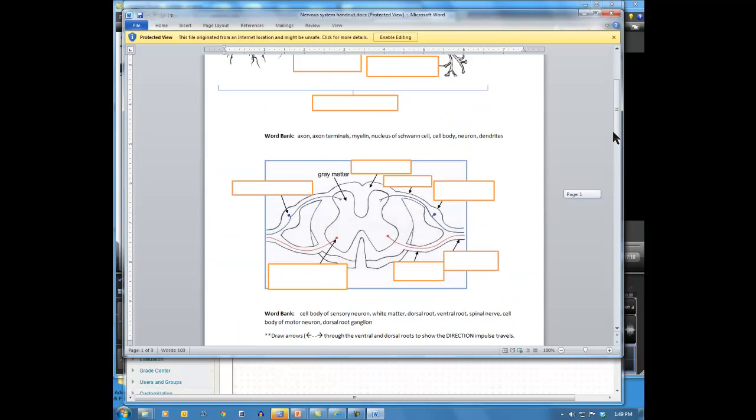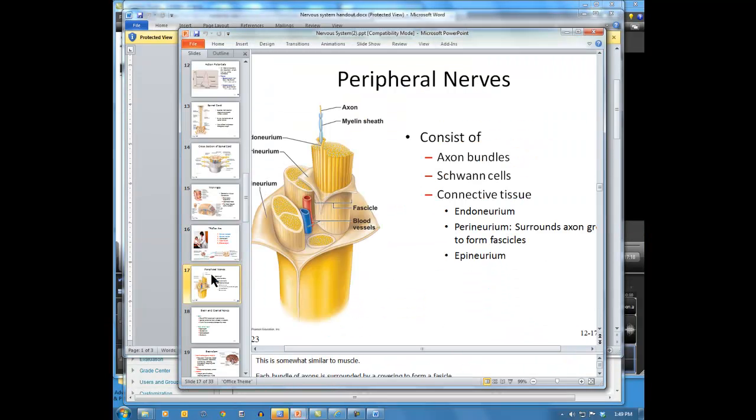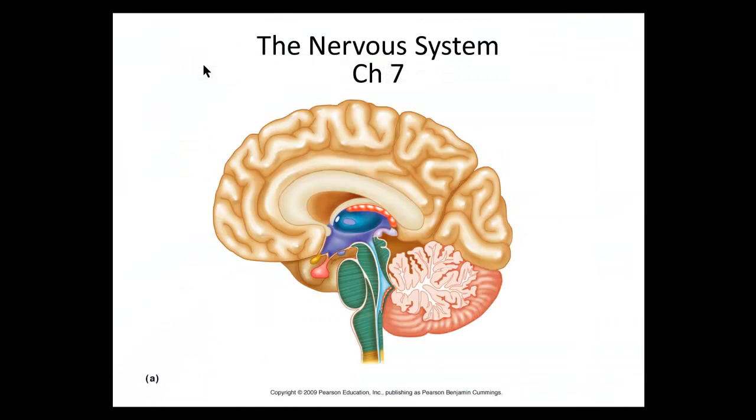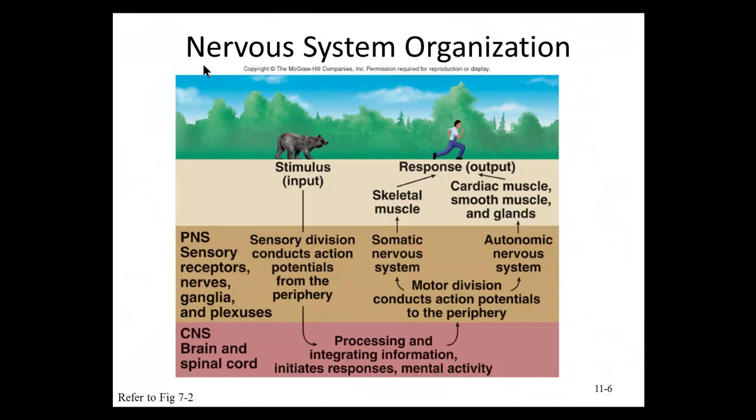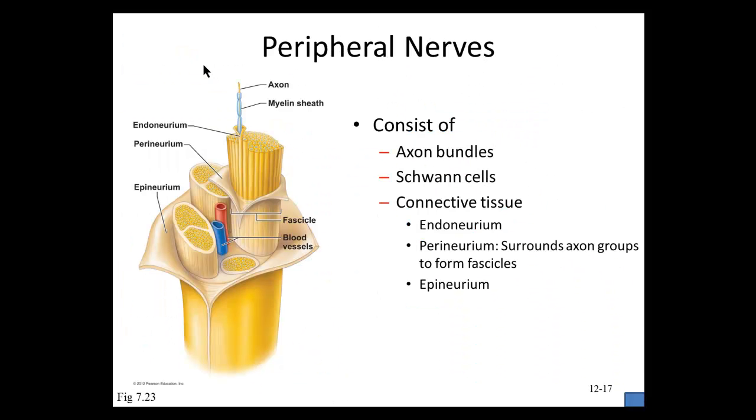Going back to the PowerPoint then, moving along, the peripheral nerves then are neurons, specifically the axon portion of a neuron that is bundled into a connective sheath that is myelinated. So these nerves leave the spinal cord and stimulate organs out in the periphery of the body.